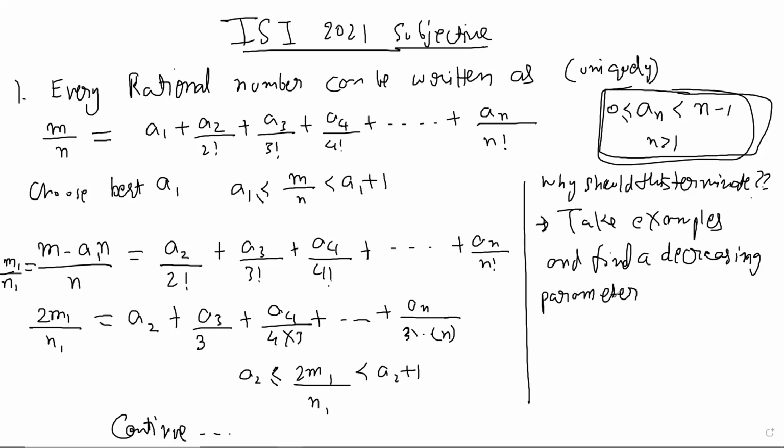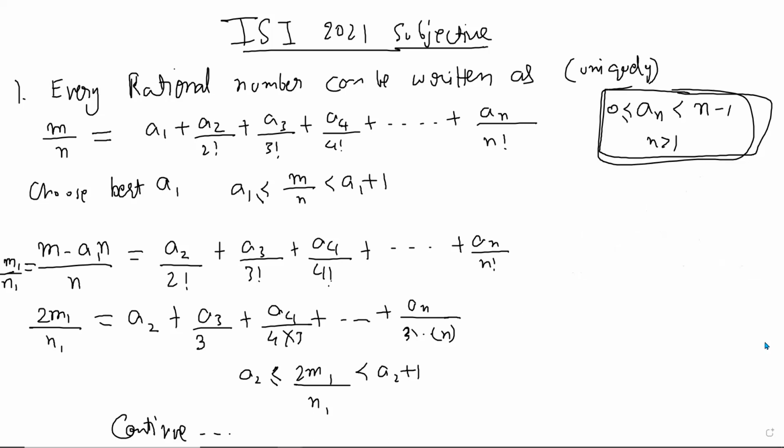But remember that the decreasing parameter should be of a very special type. It should be like an integer, a decreasing parameter of integers. Once you take an example, you will understand what is decreasing. But in this case, my hunch is that the numerator is decreasing, right? If I look at the numerator, let's check that. So is m1 less than m minus A1 times n?